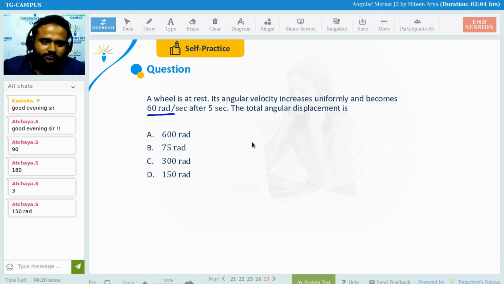Did you get it, beta? Kanishka, you are finding the answer. What is the answer? A, B, C, D.